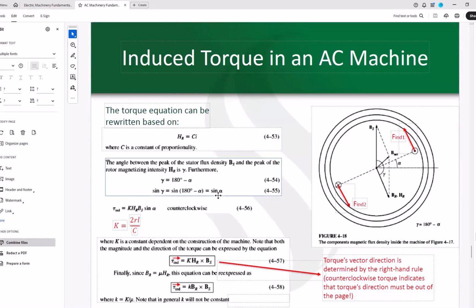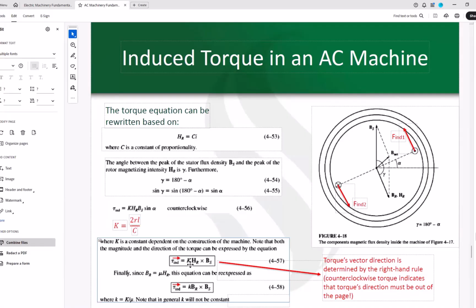Therefore, the sine of alpha would be the same as the sine of gamma. So we can write, because of that, tau induced as H_R times B_S times sine of alpha times K, where K is a constant, 2RL over C. And that would be something like this.